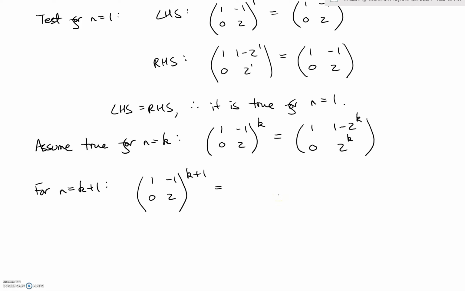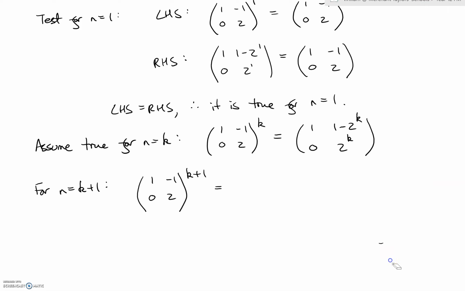So with matrices, just like in maths, if you wanted to prove x cubed, you could write this as x squared times x. Or if you want to prove x to the 9, you could write this as x to the 8 times x. So x to the k plus 1 is going to be x to the k times x to the 1, because we add the powers with these. That's how it works. It's the same idea with our matrices.